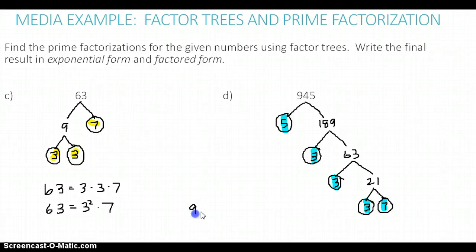Right over here, 945 equals, and I'm going to write the factors in order. There are 1, 2, 3 factors of 3, so 3 times 3 times 3, 1 factor of 5, and then 1 factor of 7.